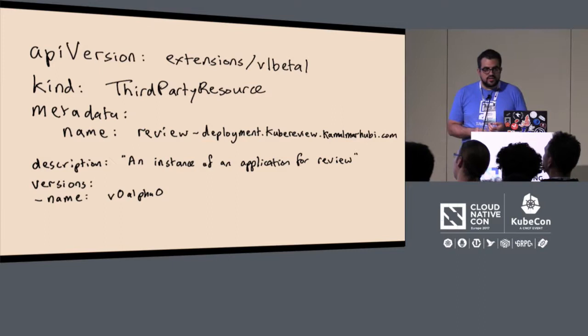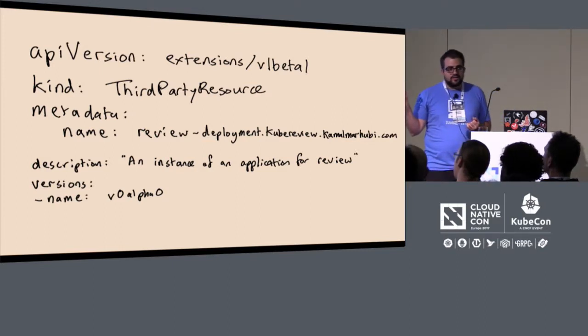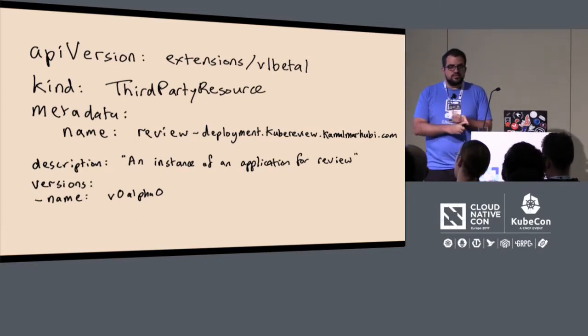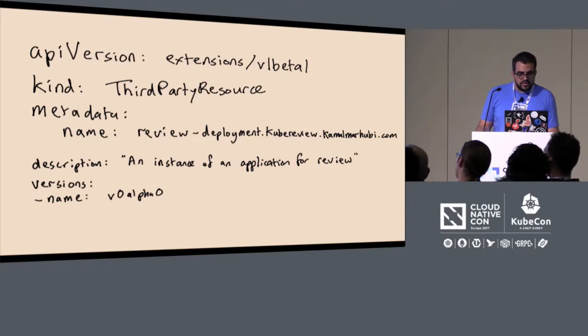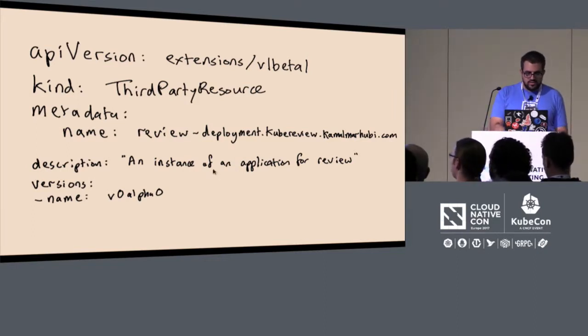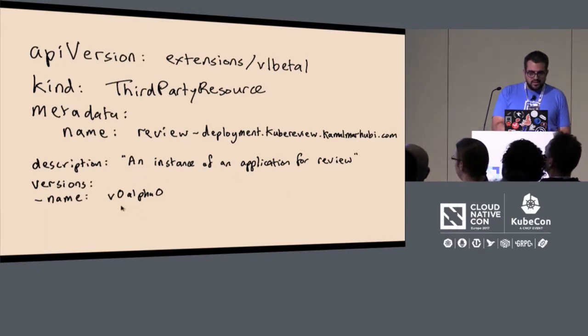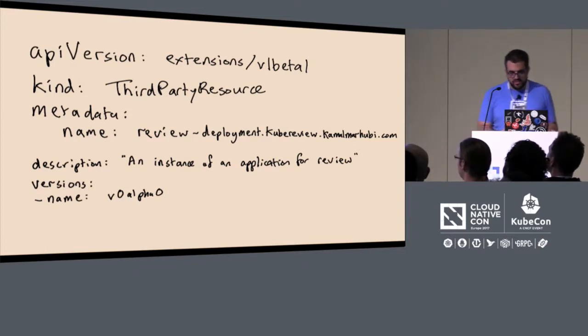And the review deployment is the data that's necessary about the pull request in order to download, build, and run the code as of that pull request. So to define the resource, we just have to send into Kubernetes this third-party resource definition where we say its name is a review deployment, and it has a description, and I decided it was a very, very pre-release v0 alpha 0 version.